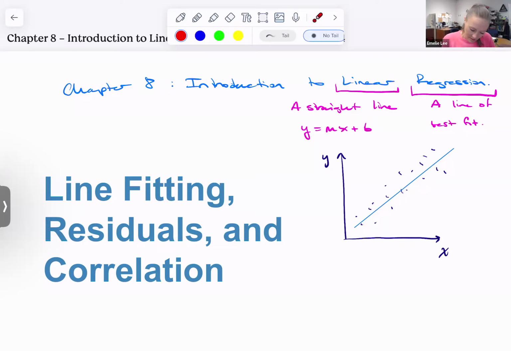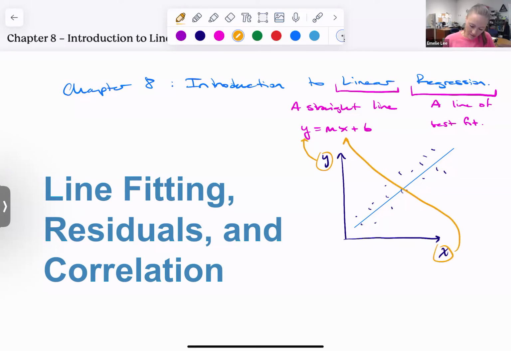And so if we make some connections here, right, I've got my y here, I've got an x here, m is the slope, right? Whatever's attached to the x is the slope, and b is the intercept, the y-intercept. But usually we just call it the intercept. We're never really interested in the x-intercept.